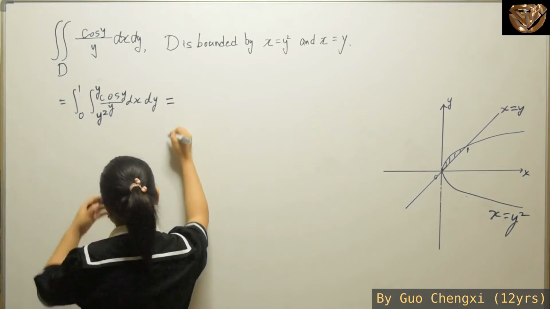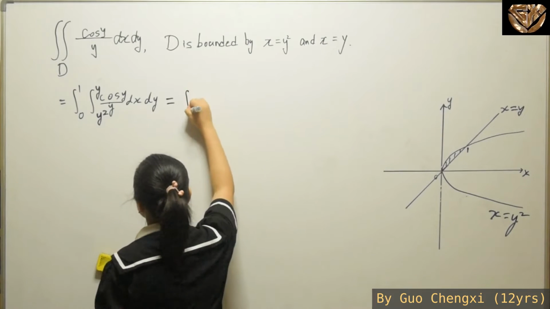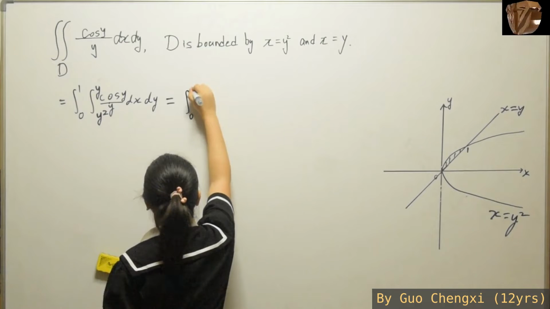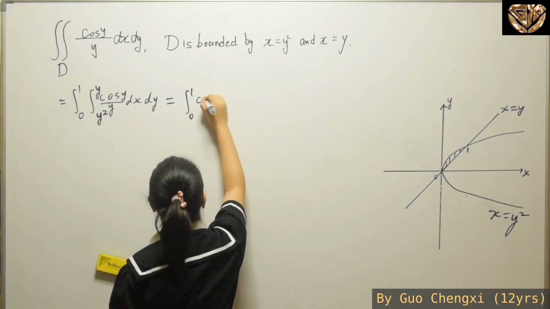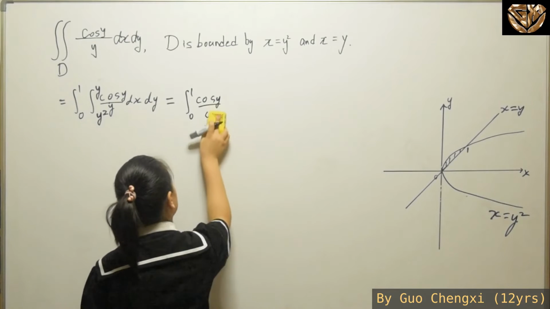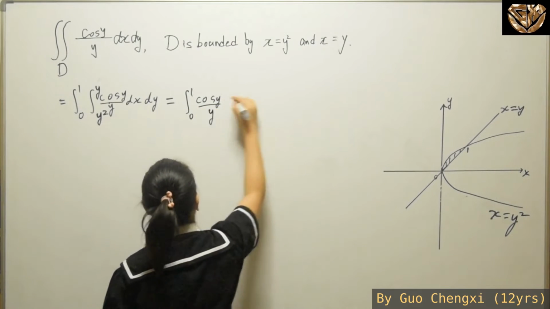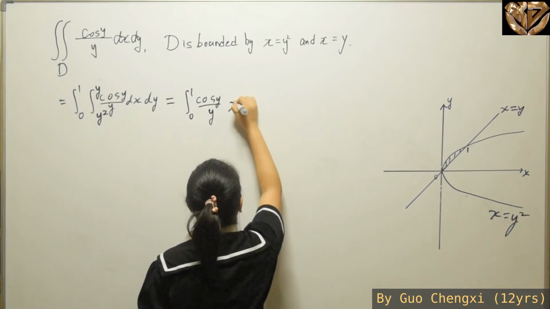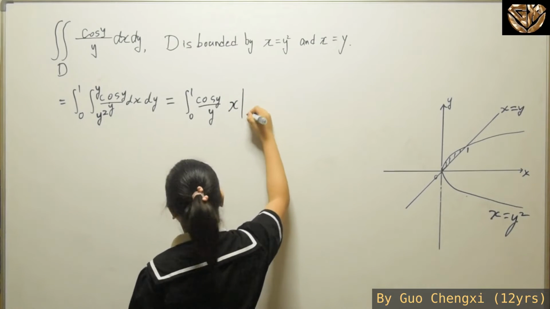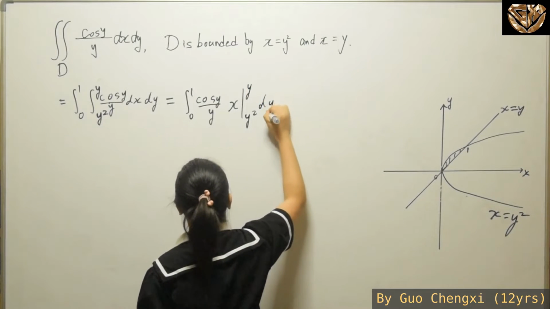So now that we have gotten this, we can continue on with, and then for this part you can integrate x already. So here it's going to be x from y squared to y dy.